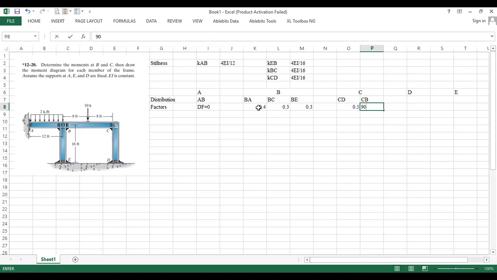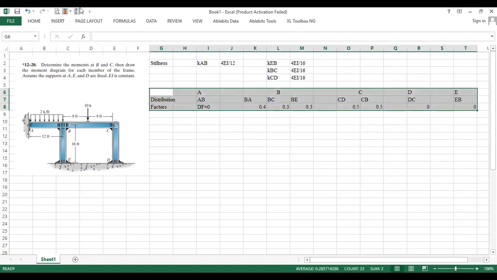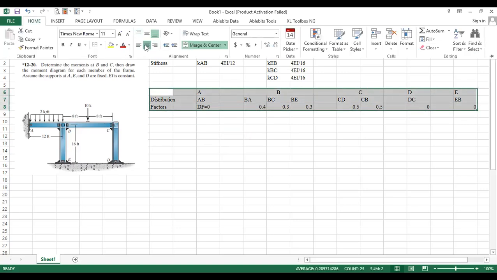The equal stiffness. And D is again 0 and 0, as it is a fixed support, EB and DC. Now it's done. Distribution factors are okay, right?